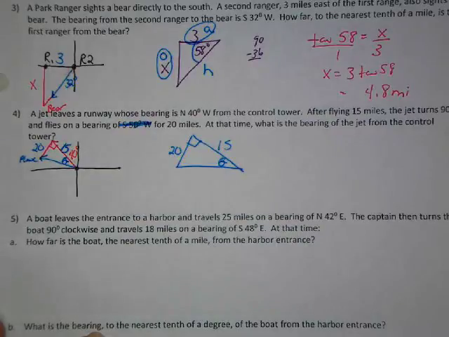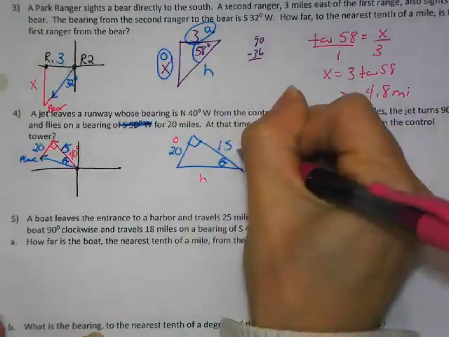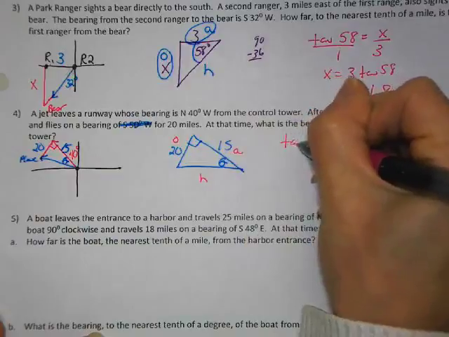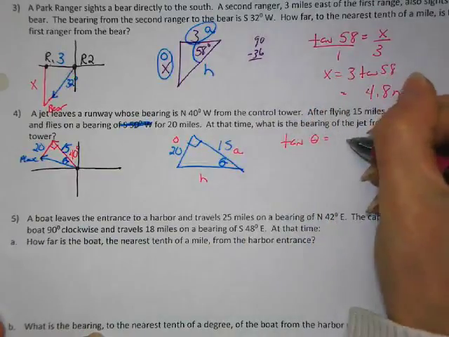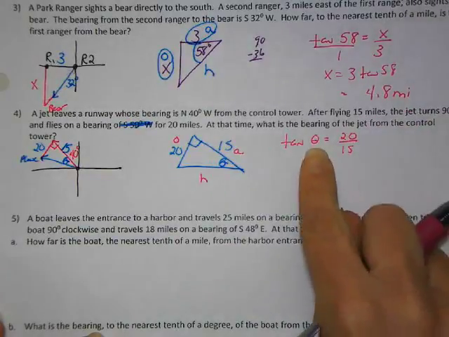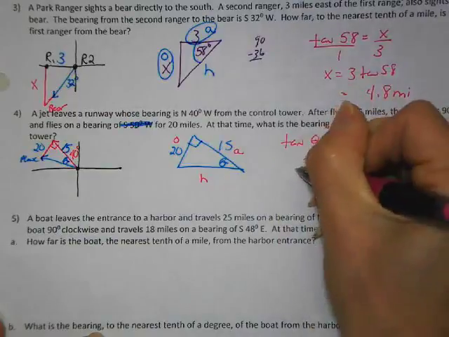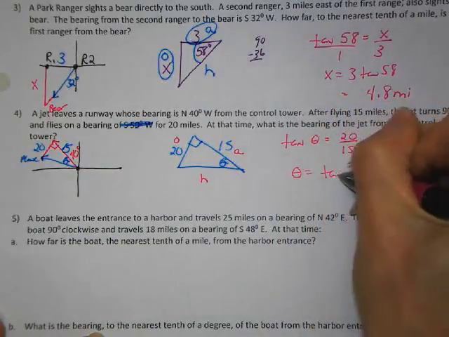So this is my O, this is my H, this is my A, so I'm doing the tangent function of theta is equal to 20 over 15. Little bit different, how do you get theta by himself? You would divide by the tangent, which is the same as taking the inverse tangent of 20 over 15.